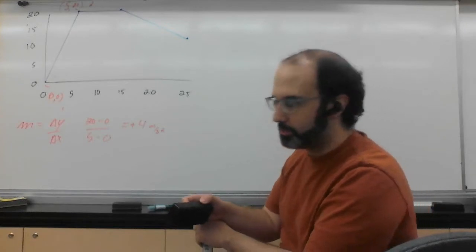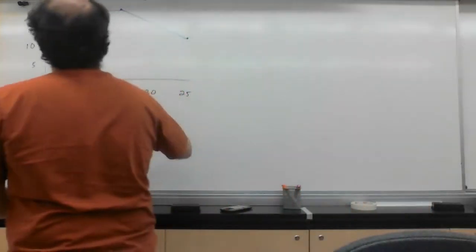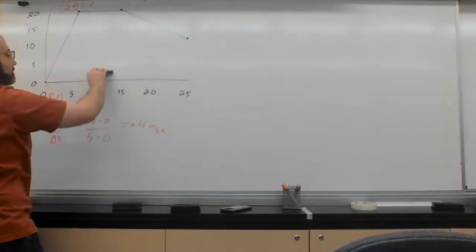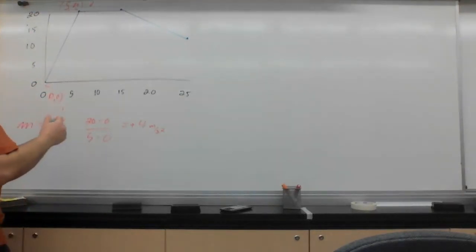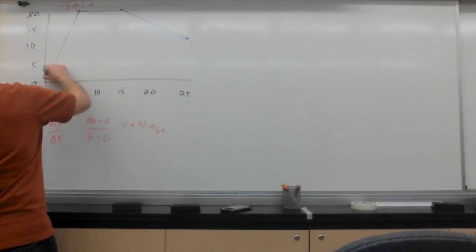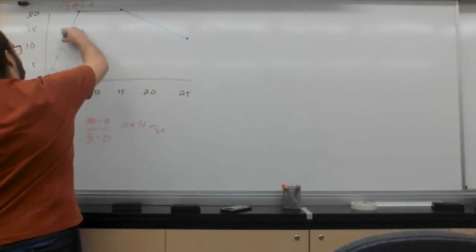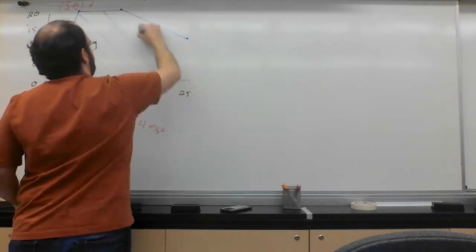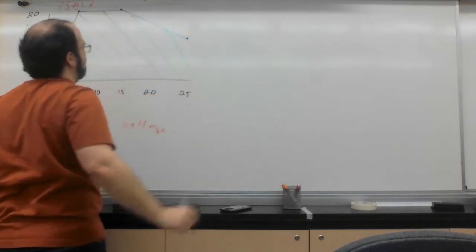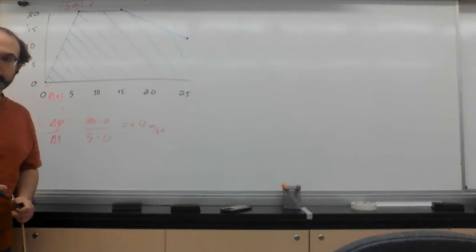In this case, it means the area from the line down to the x-axis. So if I were to shade it in, I'm asking you, what is that area? That's what I want to find.